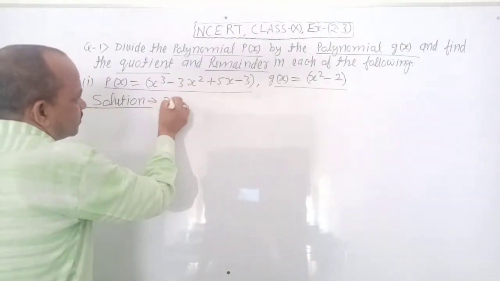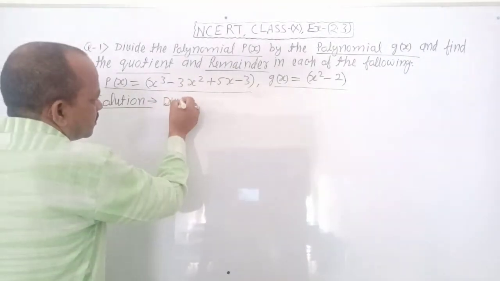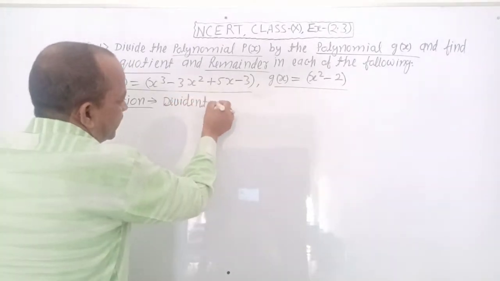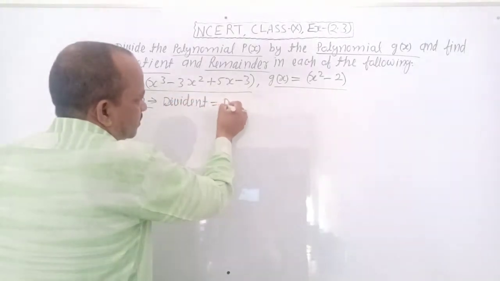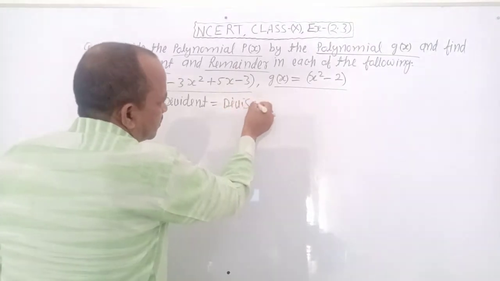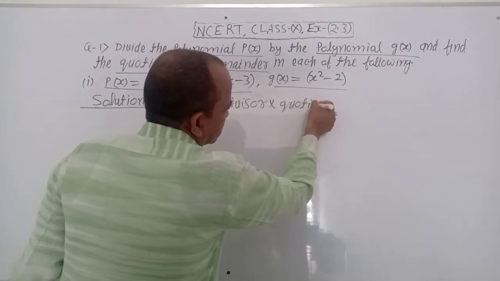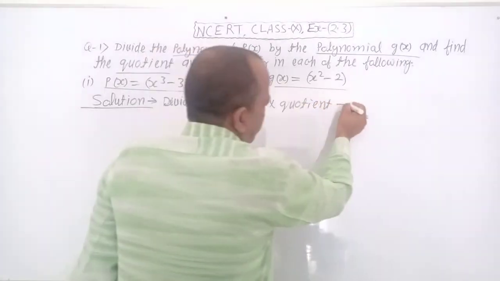Dividend equals divisor multiplied by quotient plus remainder.